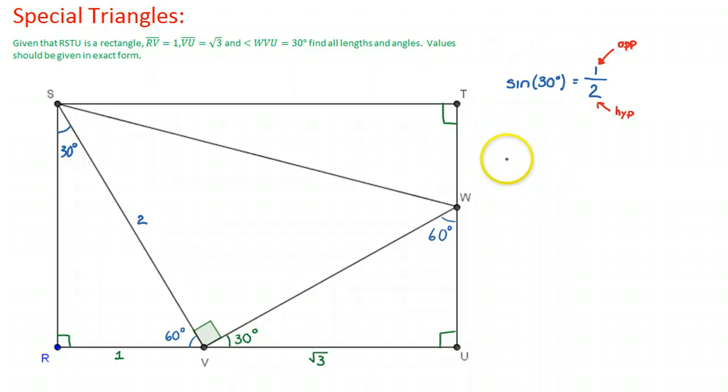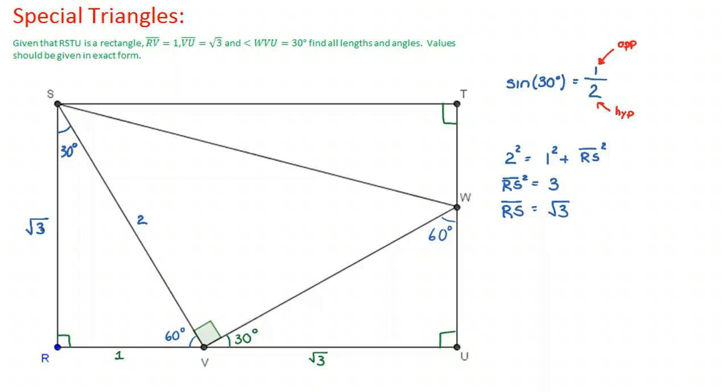So we can say that 2 squared, the hypotenuse, is equal to 1 squared plus RS squared. Now I can do a little rearrangement, and I get RS squared is equal to 3. So RS is equal to the square root of 3. That means this length from here to here is the square root of 3.